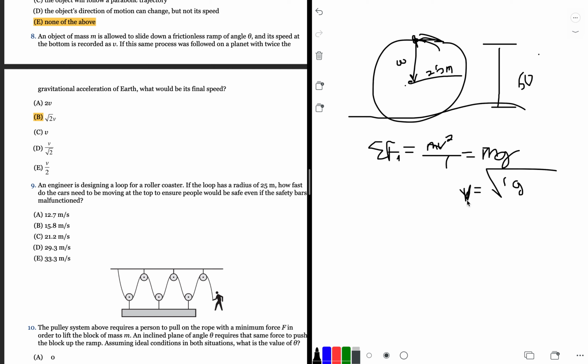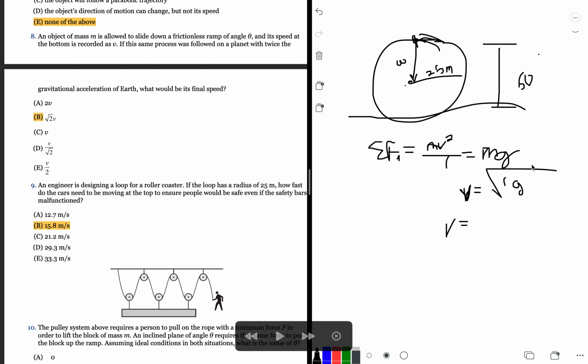The reason for that is basically at the top, if the speed is any lower, then it's going to fall. It's asking for the minimum speed. So how fast do they need to be moving? They need to be moving at least this fast. Why?